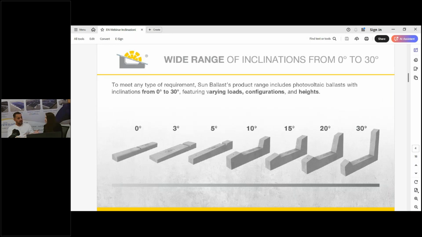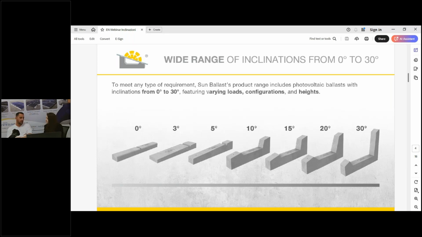For different reasons. Like you mentioned at the beginning, all the systems that we have come with different inclinations, right? What is important for an installer or for whoever is the final client installing their plant on the roof is that they have to check beforehand where they are located, and like this they can find the right tilt for their panel.